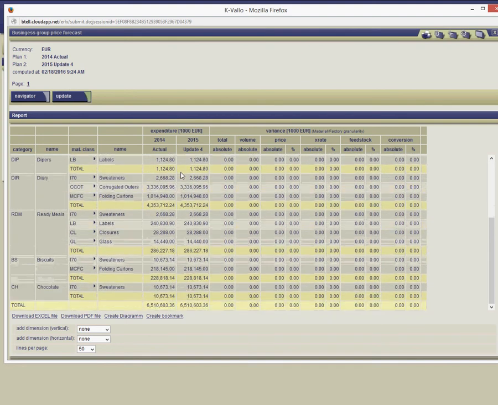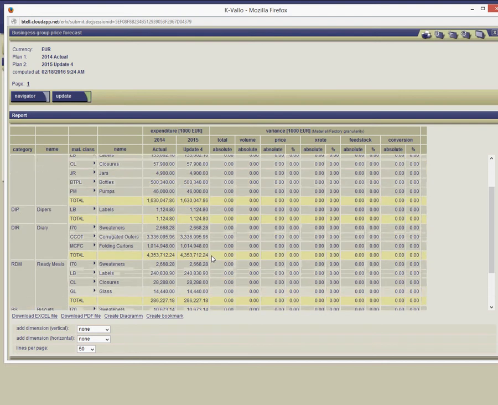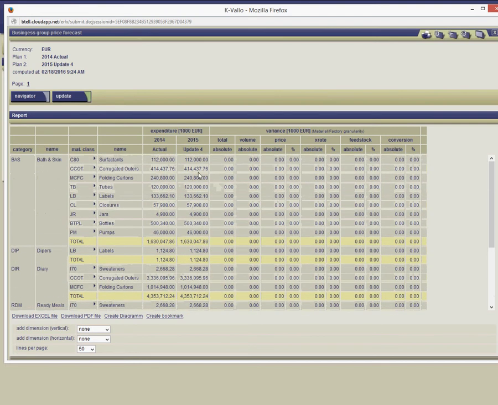The total expenditure of our sample company is 6.5 million in actual 2014, and it's going to be 6.5 million in the plan 2015. And since we've made a copy of the plans, there is no volume variance, no price variance, no exchange variance, no feedstock variance, no conversion variance. And the sum of the latter 3 is the price variance.